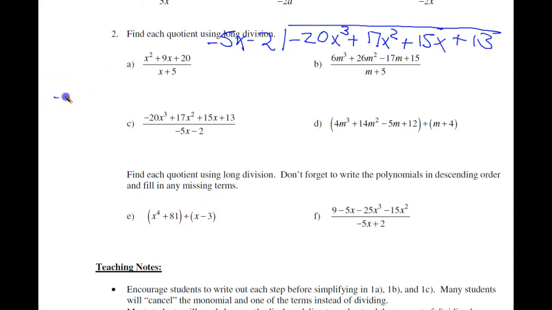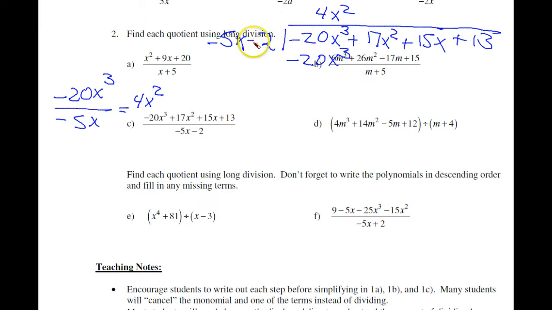Now again, negative 20x to the third divided by a negative 5x. Well, this is going to give us a 4x squared. So that's what we put right there, 4x squared. Because this term times this term will give us this term.